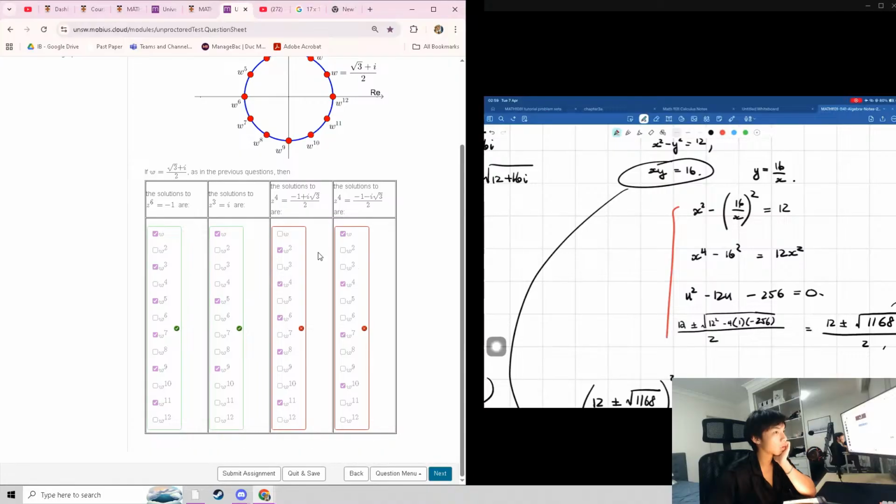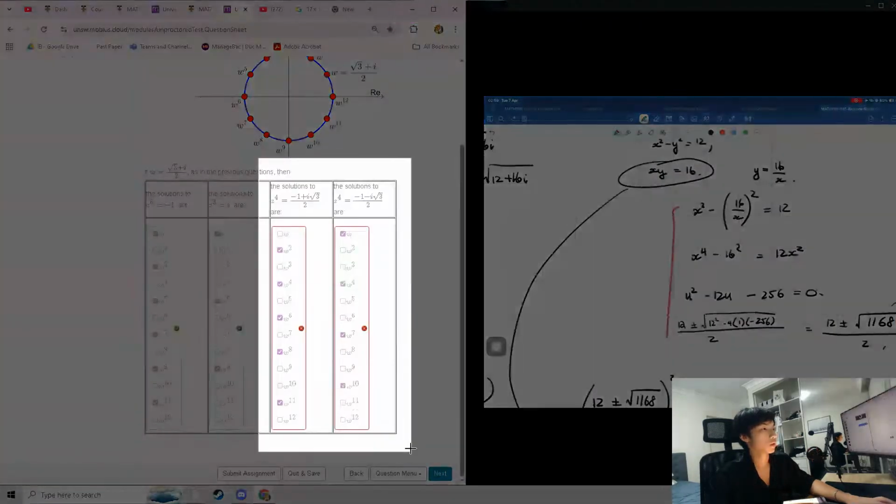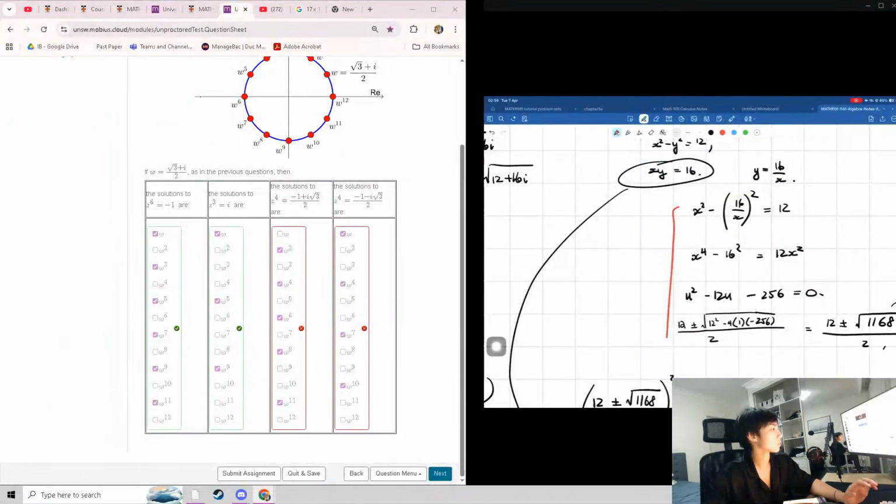Completely wrong for these other two. 4, 7, 10, 13. There's no 13. There's 1, 4, 7, 10, yeah. And 2, 5, 8, 11. So these two are wrong. Nope.